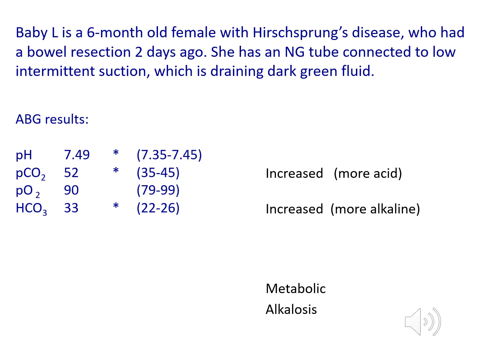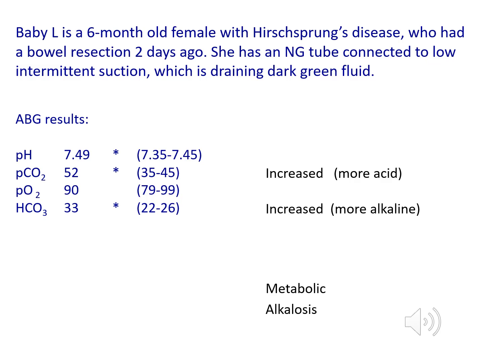The last step. Look at the value you did not choose as being the cause of the problem. Okay, so we chose bicarb as the cause of the problem, so let's look at the PCO2. Does it look like the PCO2 is trying to fix the problem? Is the PCO2 trying to correct the alkalosis? Yes, it is, right?